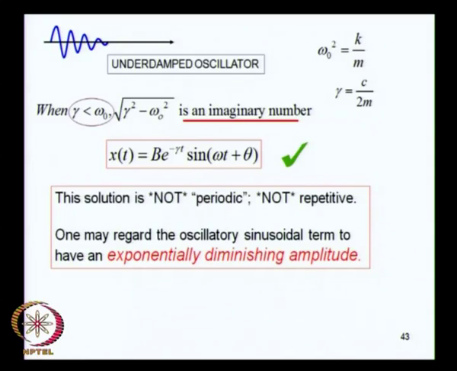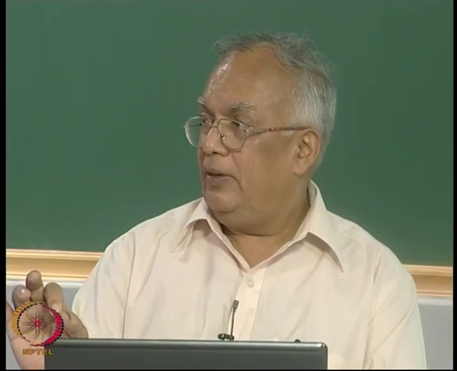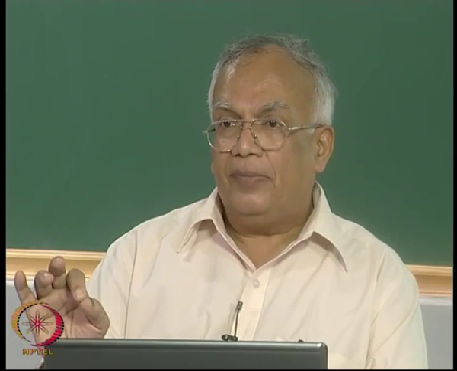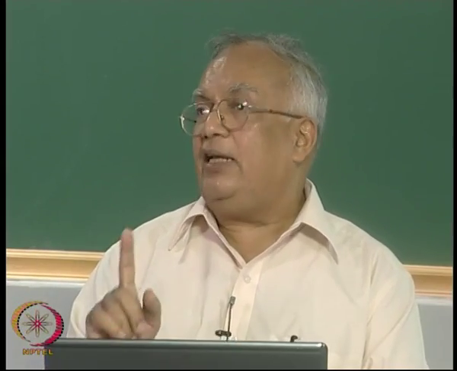because the amplitudes are not periodic, the zeros are. It goes to the 0 periodically, that is exactly periodic. So, omega is the circular frequency which is exact, and the zeros will repeat exactly at that frequency so many times per unit time.